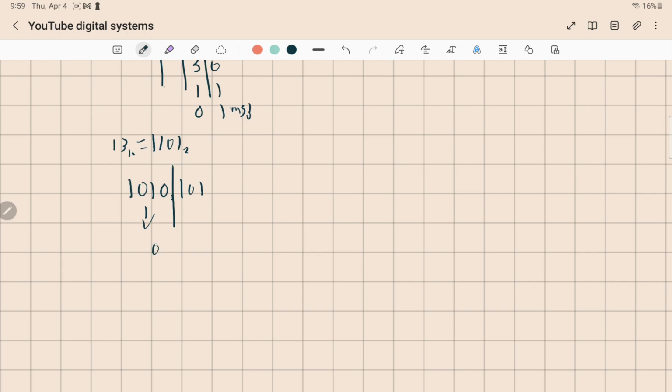So it's 0 times 2 to the 0, plus 1 times 2 to the 1, plus 0 times 2 to the 2, plus 1 times 2 to the 3. So it equals 10. So we got that part down.